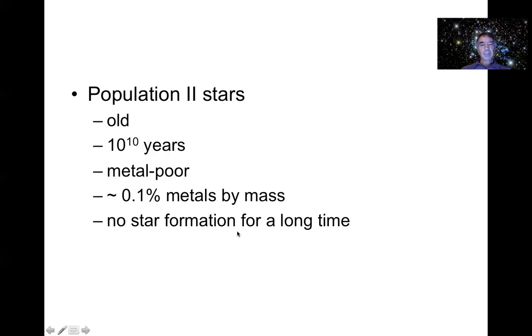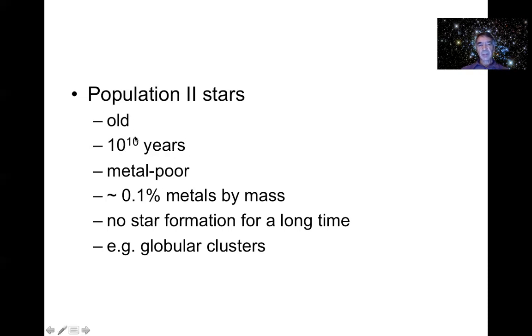So these population 2 stars, because they're so old, they formed a very long time ago. Usually there's no signs of star formation anywhere near them, so there's no gas or dust anywhere near them. Again, this will become a bit clearer later on in the module. But just like with the population 1 stars, where we've already seen that open clusters are a good example, globular clusters are the perfect example of population 2 stars.